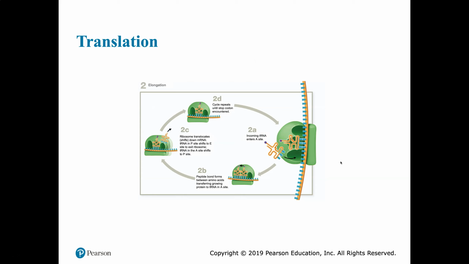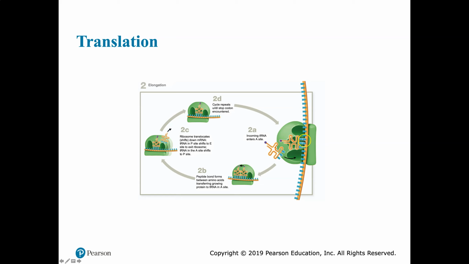So this is another look, a closer look at translation. This is how they actually build the amino acid sequence. You have a ribosome, a molecule called tRNA comes along, and it brings the correct amino acid to match the codon on the mRNA sequence.